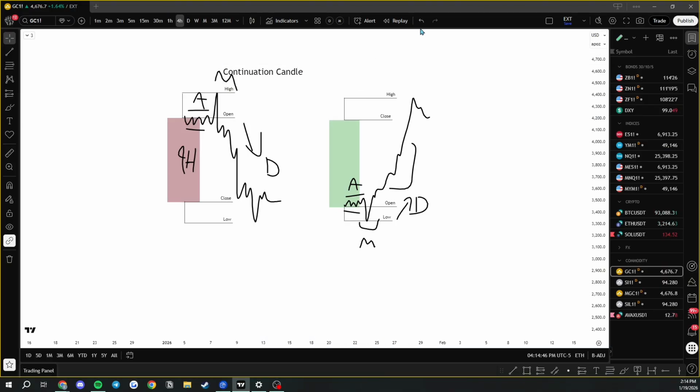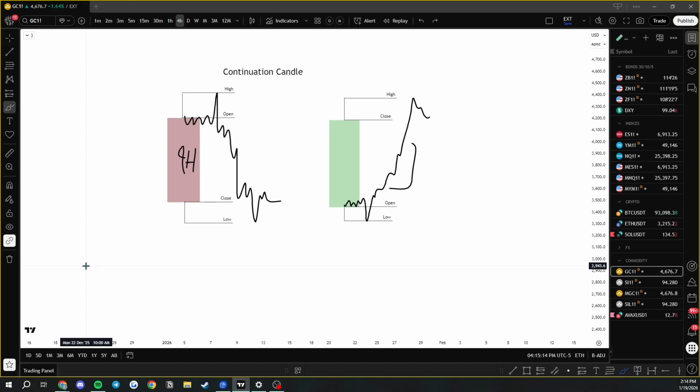And continuation candles, they're one of the easiest to trade because there's such a small manipulation. And for most of the day or most of the 4 hours, whatever candle you're trading, just like I mentioned earlier, it's applicable to any time frame. If you're in one of these candles, it's really easy to get on board. You get a lot of opportunities and price is primarily moving in one direction.